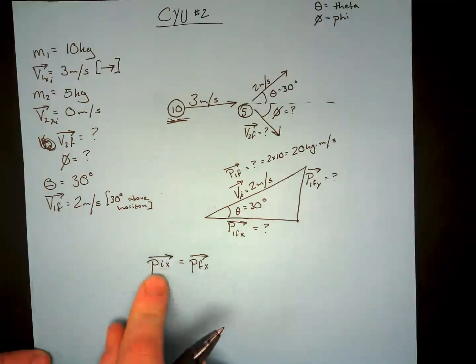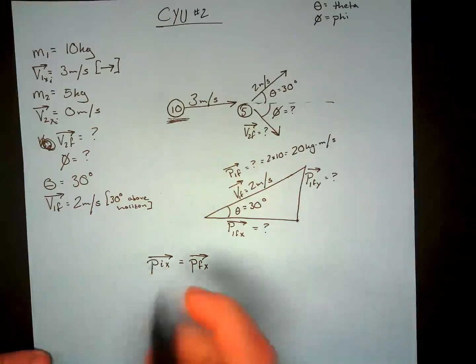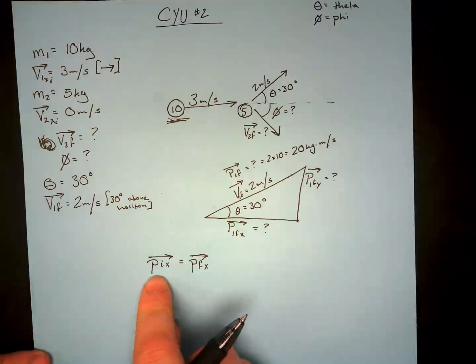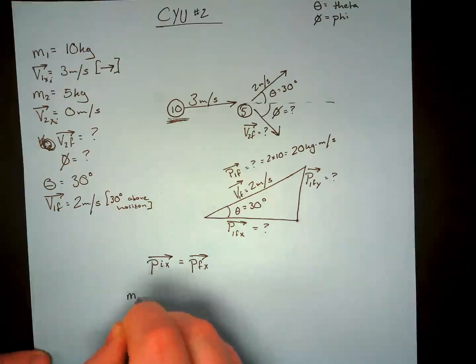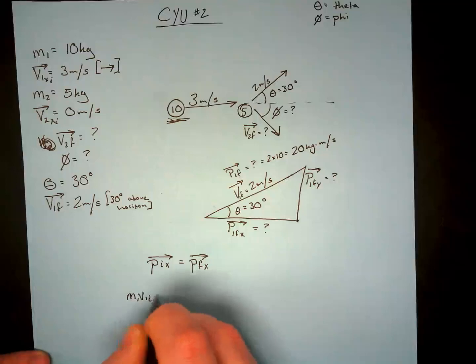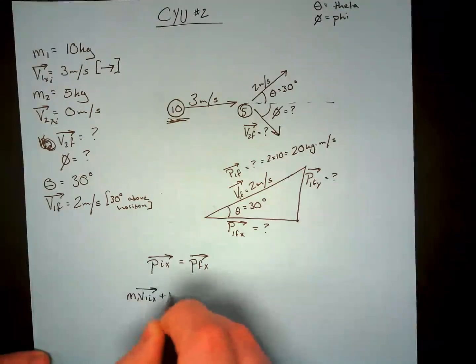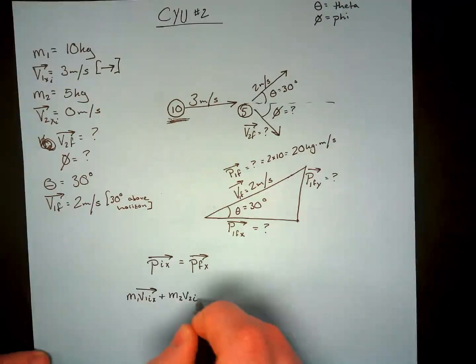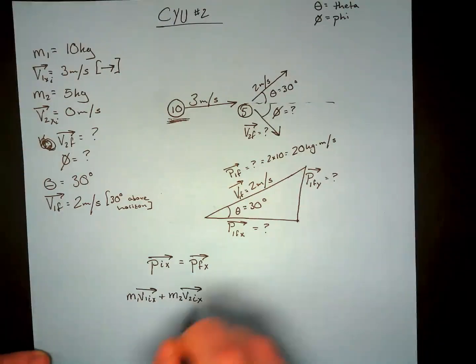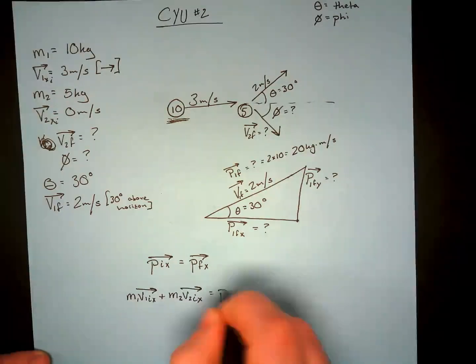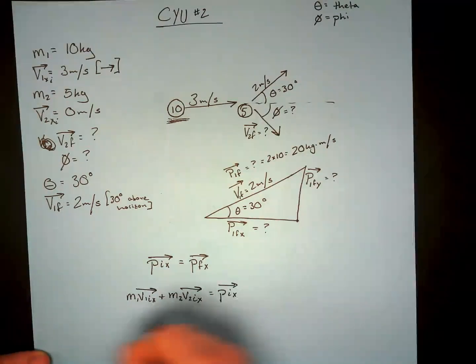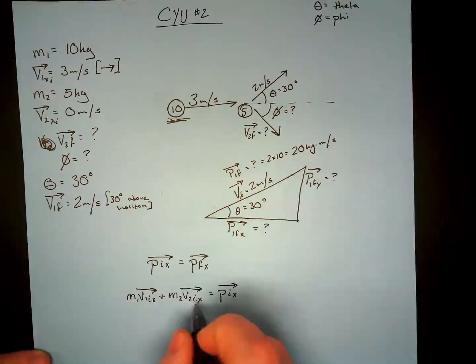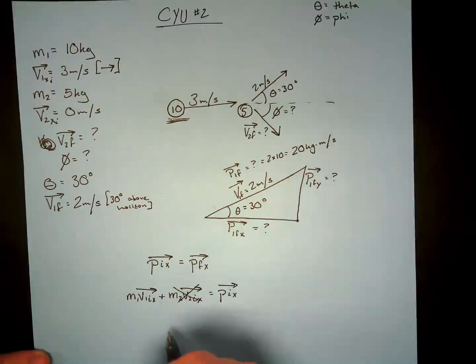This right here is going to be the initial momentum before the collision. So all that is m1 v1 initial in the x direction plus m2 v2 initial in the x direction, which is easy. That's 0, because our initial velocity is 0 for our second mass. It's at rest, so we ignore that.